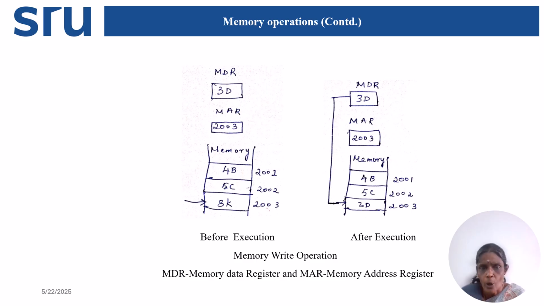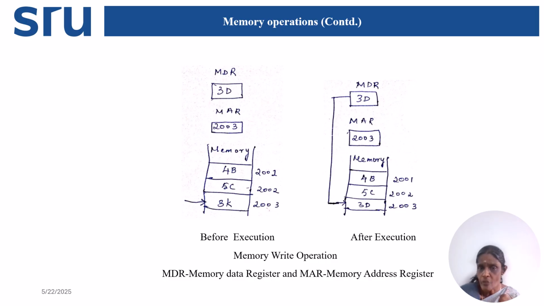So next one, memory write operation. In this case 3D, same thing, memory address register 2001 4B, 2002 5C, 2003 3K. So now we are going to perform the write operation. For the write operation, the memory data register contains 3D.